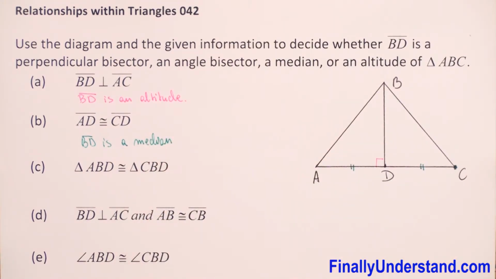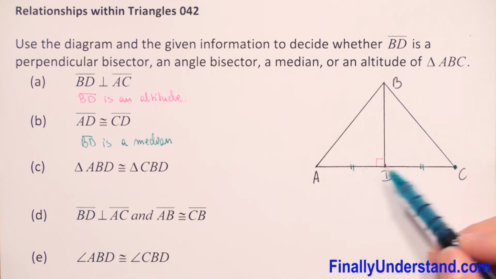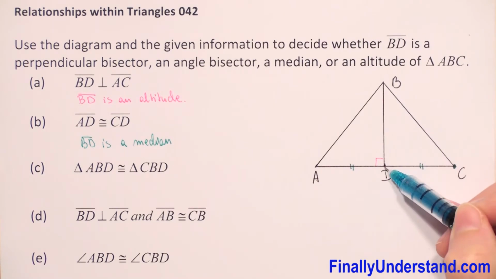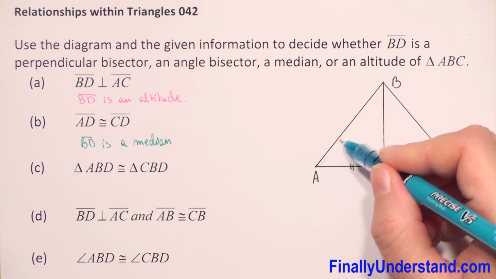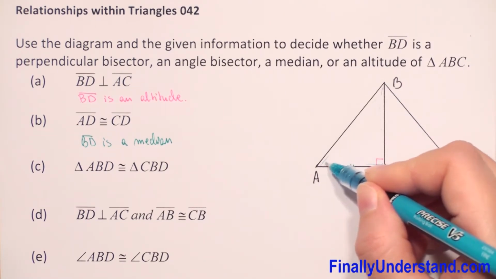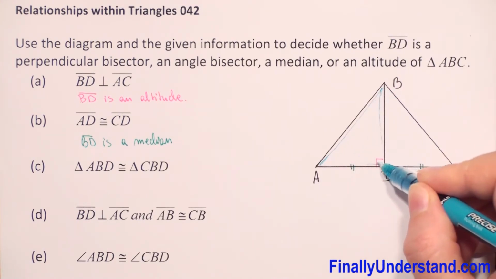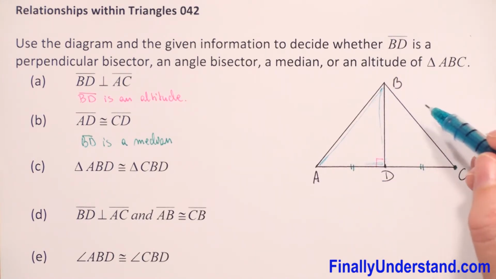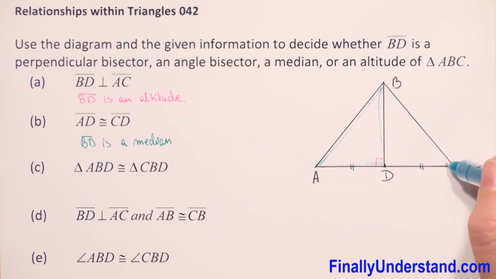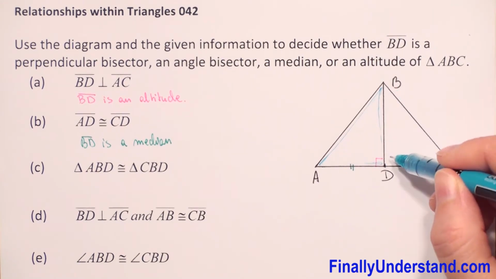Next, we are given that triangle ABD is congruent to triangle CBD.